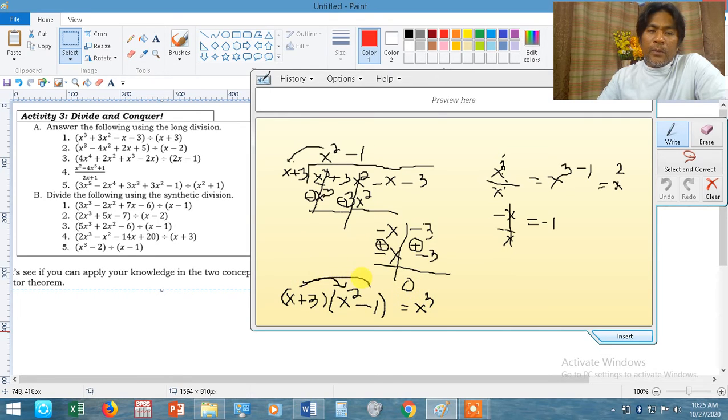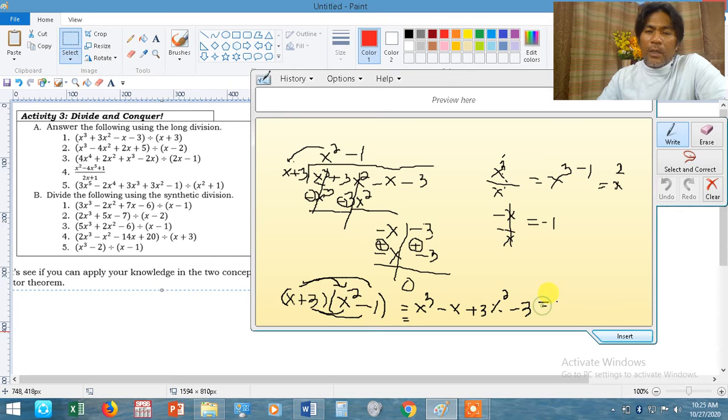And x times negative 1 will give you negative x. Down, this will become positive 3x squared. Then 3 times negative 1 will give you negative 3. Bottom, so we have x squared.